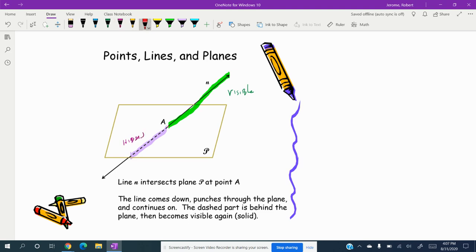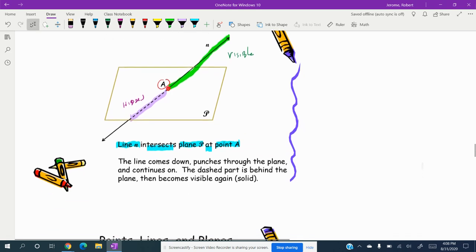And look at right there where it changed. So at point A, what we have here is line N intersecting plane P at point A. So it comes down, it punches through the surface, and it keeps going like a telephone pole. It punches through the surface of the ground and keeps going.